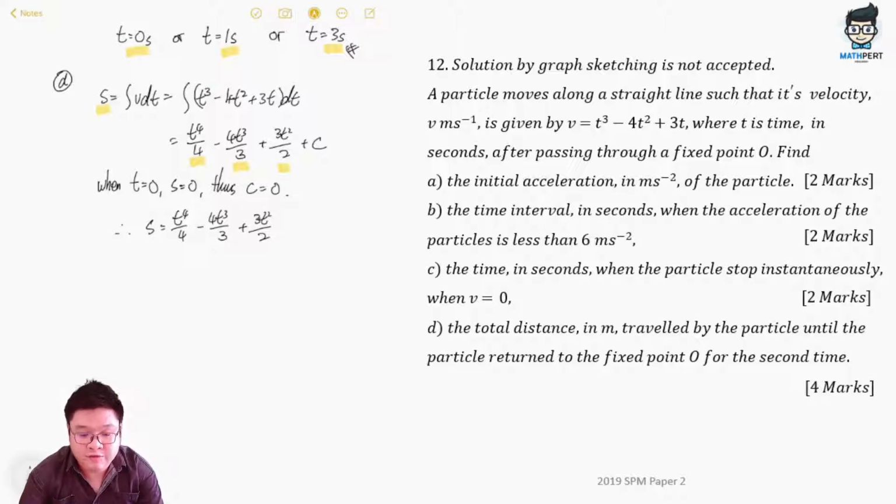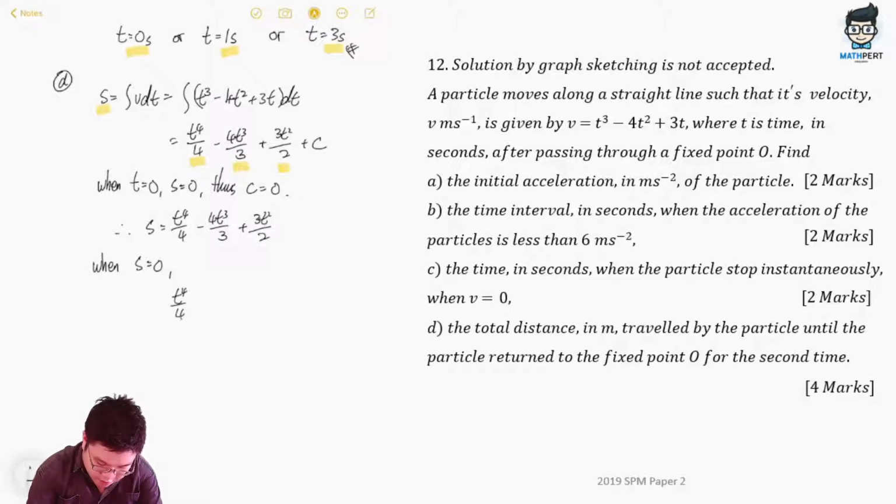Now we have the displacement equation. So how do we find the total distance traveled? We need to find out at what time the particle passes through the origin. That means displacement is equal to 0. So when s equals 0, t to the power 4 over 4 minus 4t cubed over 3 plus 3t squared over 2 equals 0.